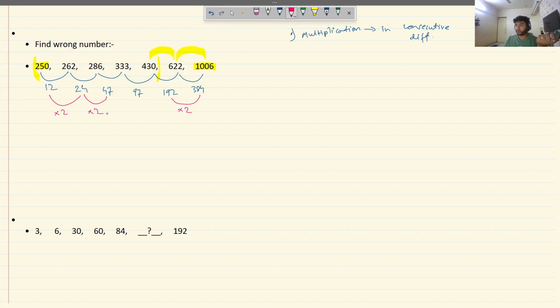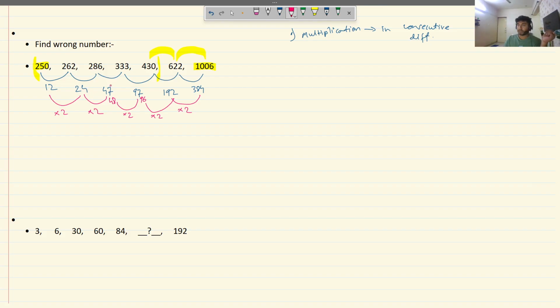If I multiply it by 2, then I will get 48, and 48 times 2 I get 96, and indeed 96 times 2 again I get 192. That means my consecutive difference is getting multiplied by 2, right?